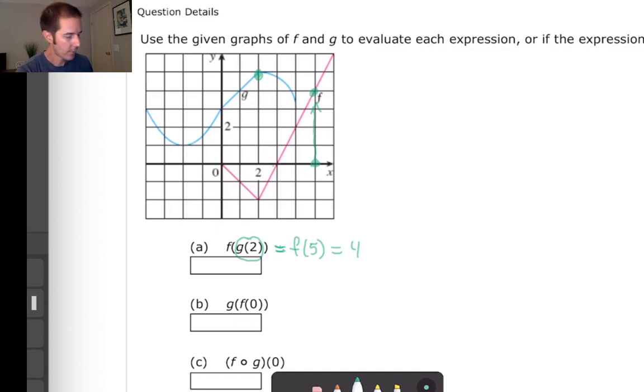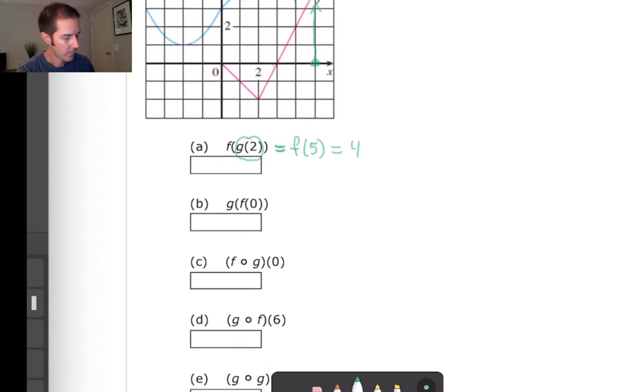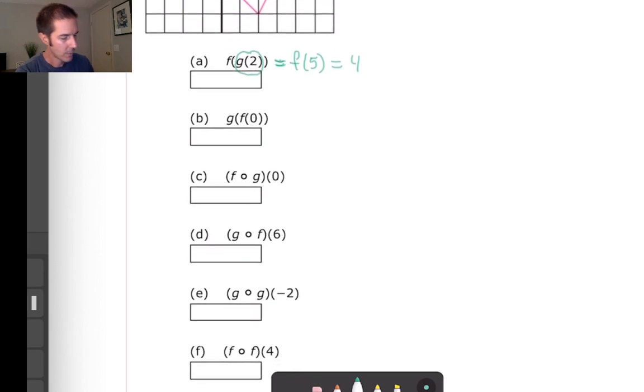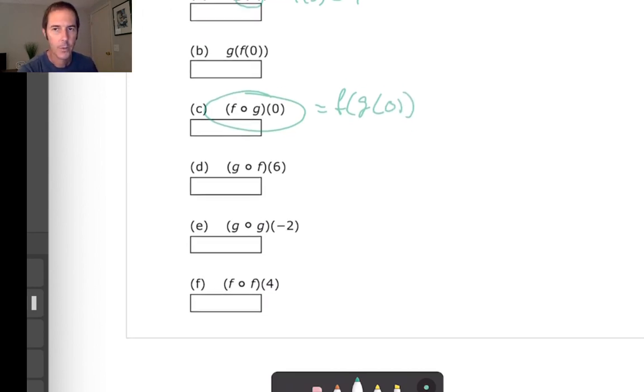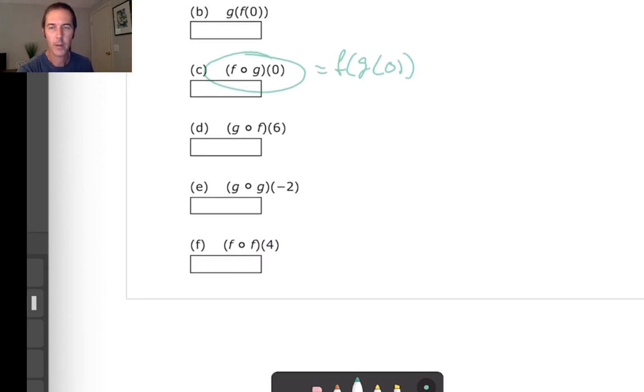See if you can go through that same process for the rest of these questions. If it's helpful to you, rewrite this fog notation as f of g of 0 so that you can mimic the process that I just did in part A. Don't worry about if it's a composite function where it's composed with itself.